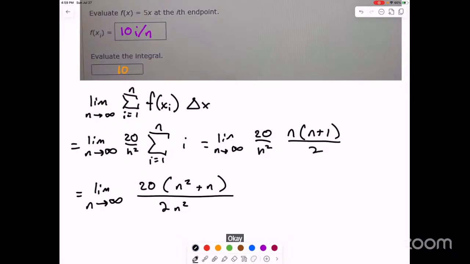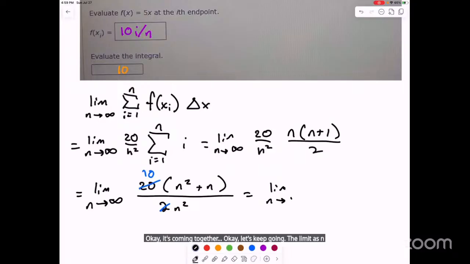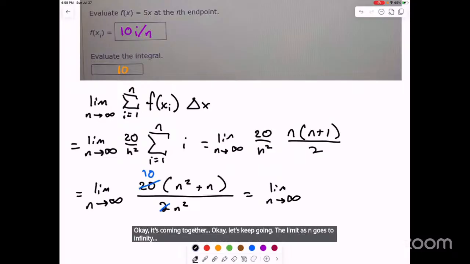Okay, so this can turn into a 10. Okay, it's coming together. Let's keep going. The limit as n goes to infinity, that's going to be 10 times 1 plus 1 over n.